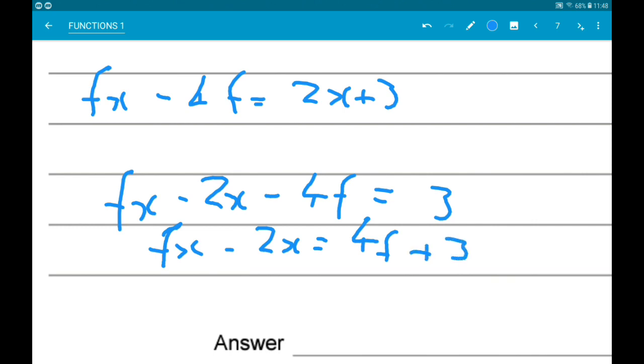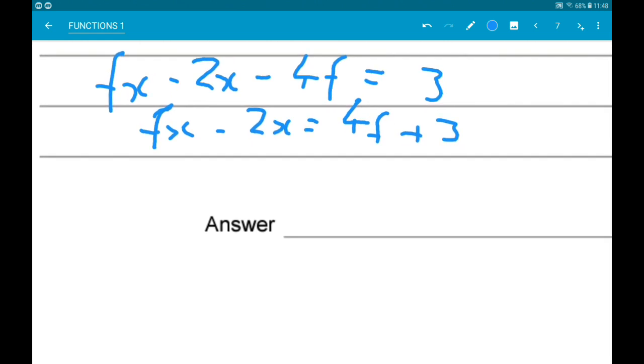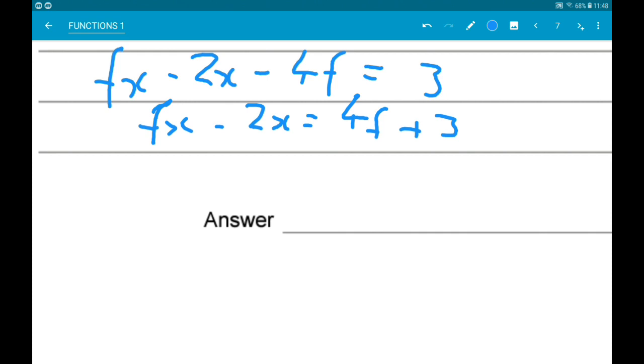Now, on the left, we now need to turn these two x terms into one x term. So the way to do that is factorising. So on the left, we can factorise x times f minus 2 is equal to 4f add 3.